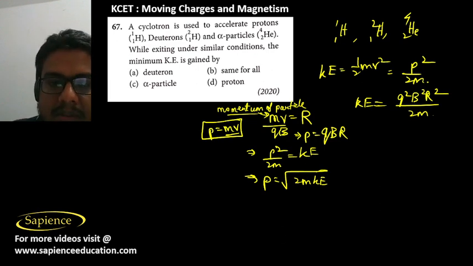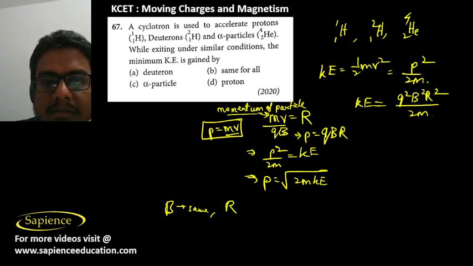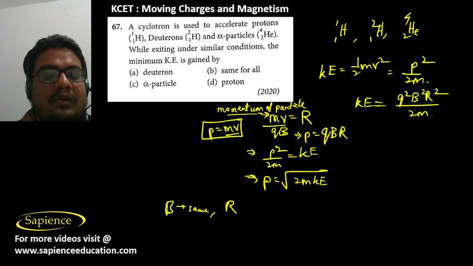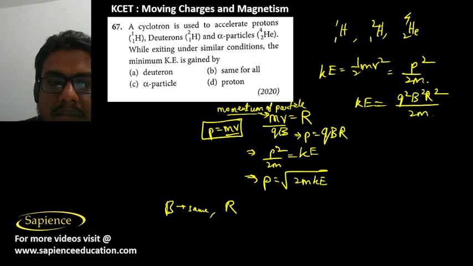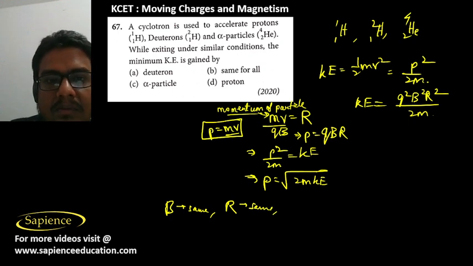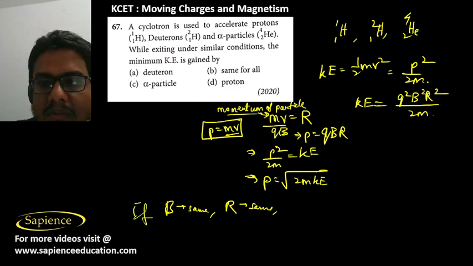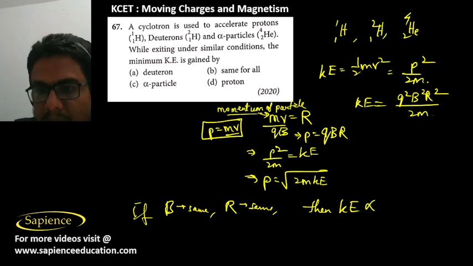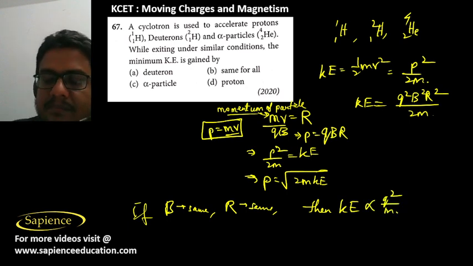So under similar conditions means the magnetic field in the cyclotron is the same, and the radius of the charged particles is also the same. So then the minimum kinetic energy is gained by which one? If these two are the same, then the kinetic energy is proportional to q square by m.